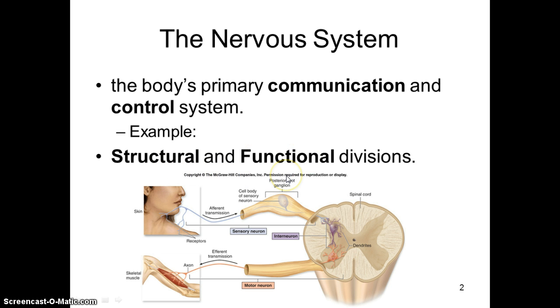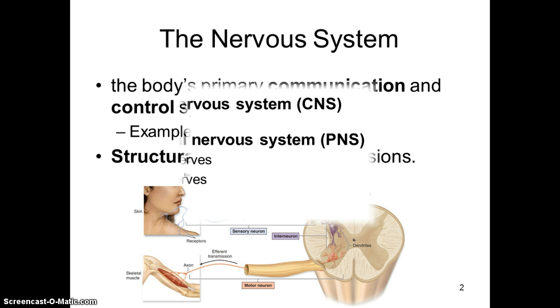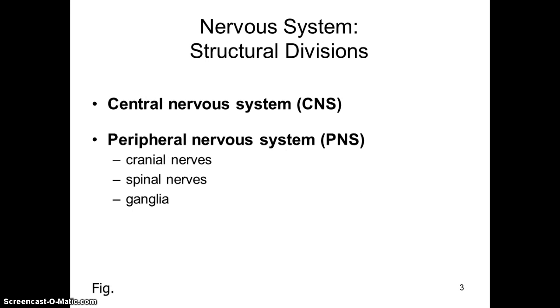Functional divisions refer to the actual things that are going on, the actual processes. So we'll see the difference here, starting with structural divisions.